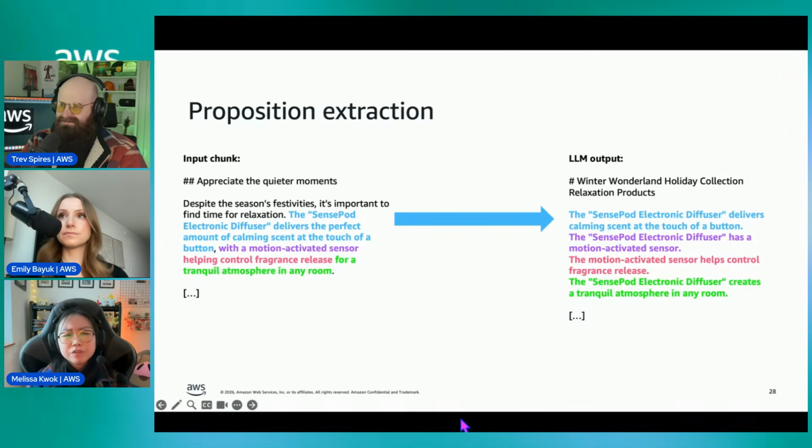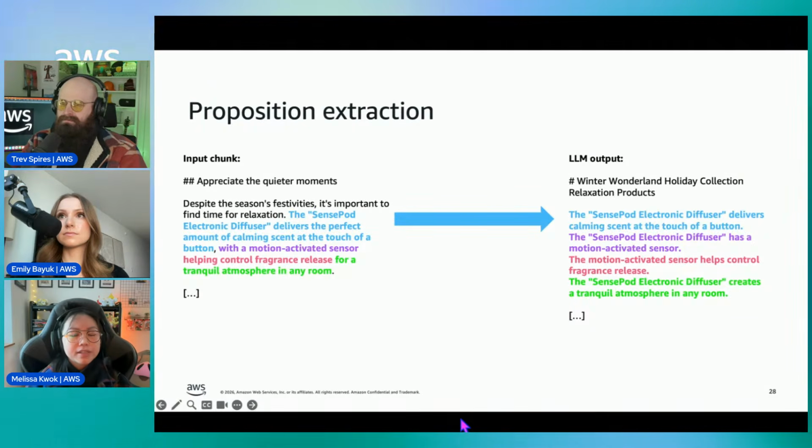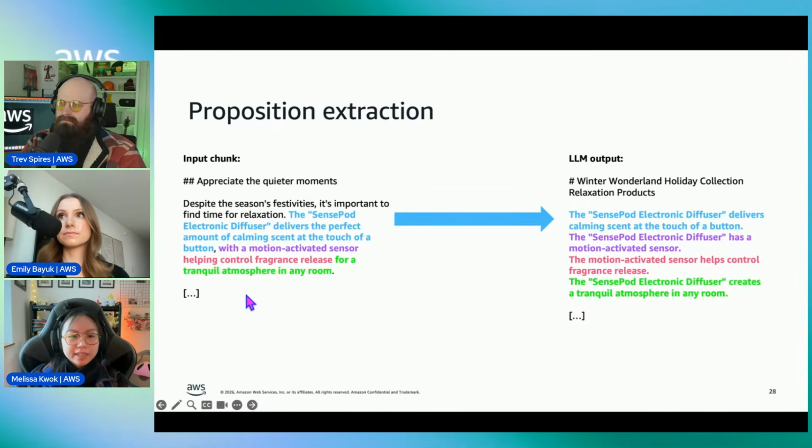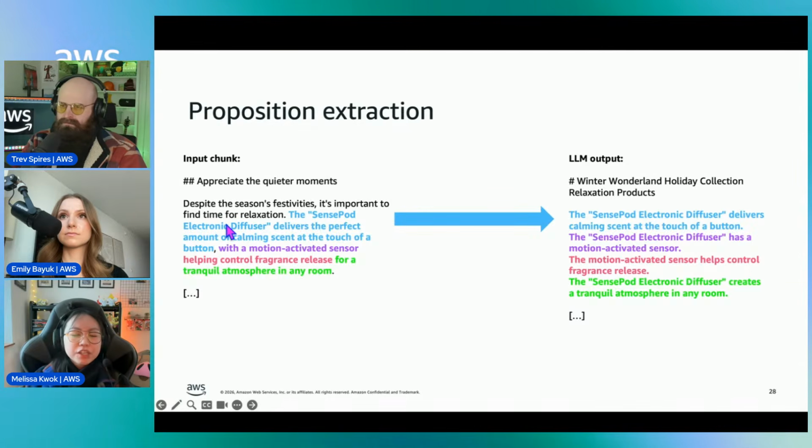The point of doing proposition extraction is that we want to clean up the content provided in a chunk so that we can get more granular in terms of the context that's output from this. As an example, I might have an input chunk that looks like this on the left. It's a paragraph about an electronic diffuser product, talking about some features of it and what it does.